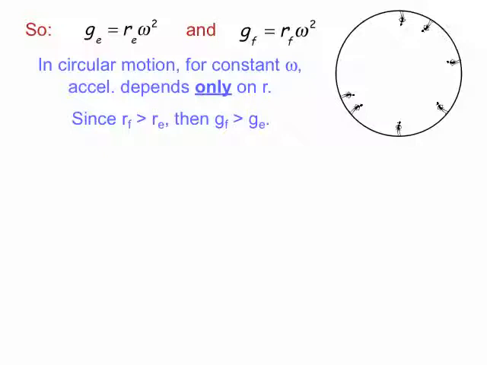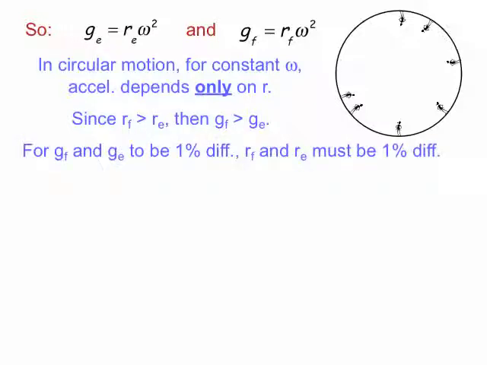Well, since the radius at the feet is greater than the radius at the eyes, then the force of gravity at the feet will be greater than the force of gravity at the eyes. So, therefore, if the gravitational acceleration is going to be a 1% difference, then that means, based on our equations up top, the radii can't be more than 1% different.